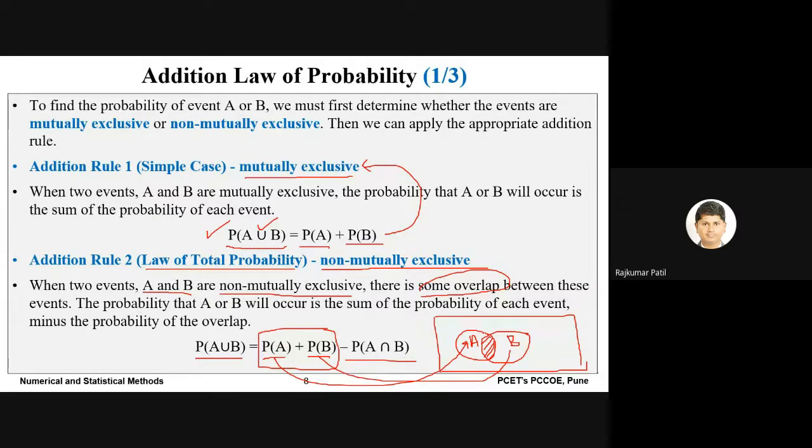So this common area must be subtracted, and that's why you see one additional term, probability of A intersection B.